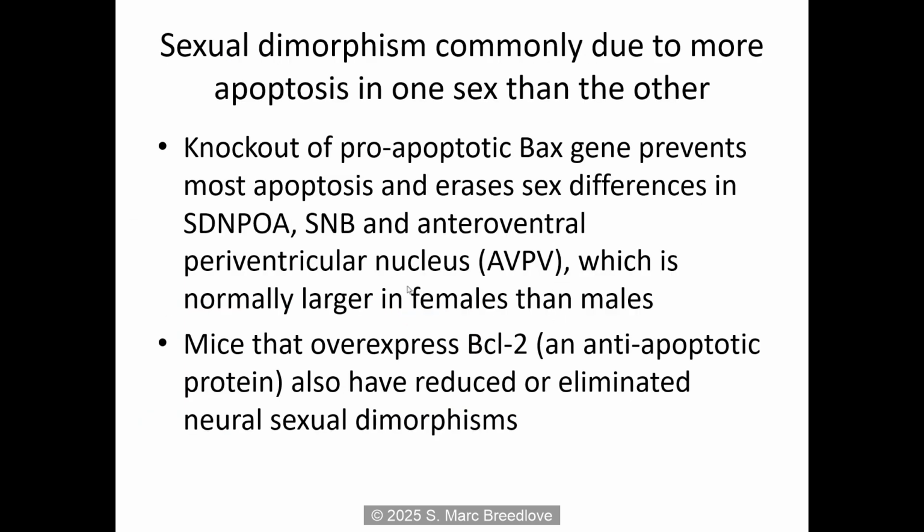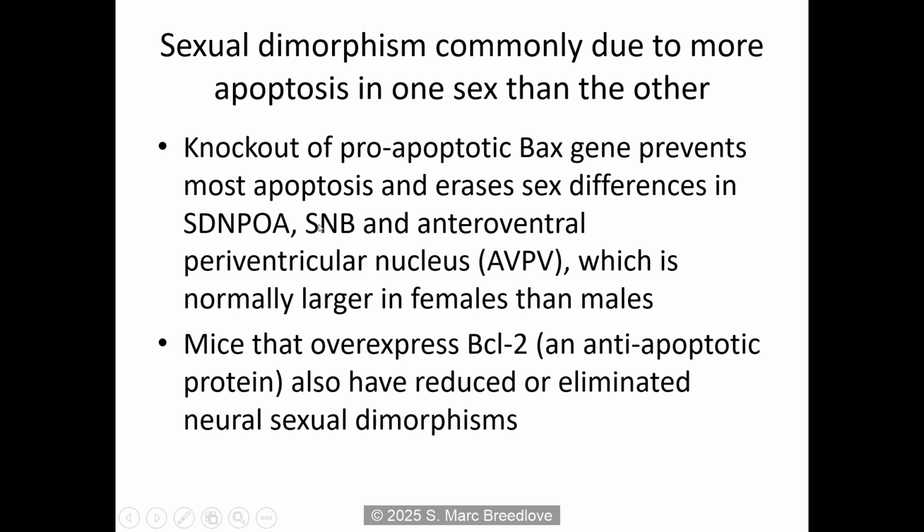So for lots of animal models where sexual dimorphism has been found, it turns out that hormone is modulating the amount of apoptosis. And we're not going to talk about lots of these areas, but we've talked about the SDN-POA and the SNB.